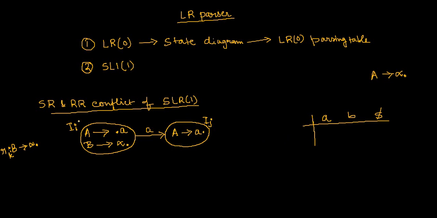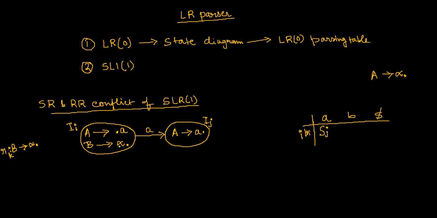In the ith row, due to this transition on A, I will have a shift from Ii to Ij. So in this ith row, under the a column, I will write sj, because it is a shift to the jth state. That's why sj. Fine.